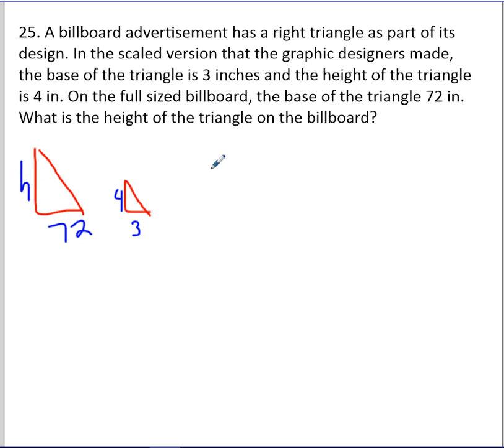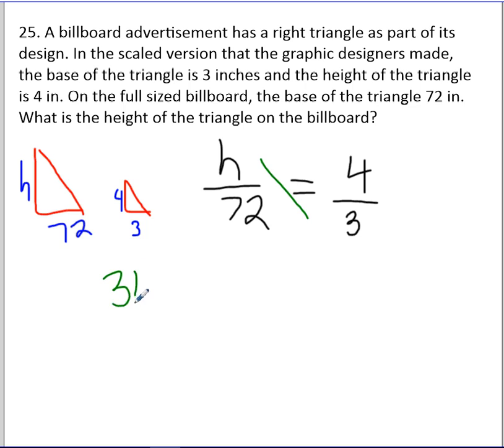So now that we see those measurements, let's set up our proportion. Our height is to 72 as 4 is to 3. So now we get to cross multiply. Our 3 times our h is the same amount as 72 times 4.